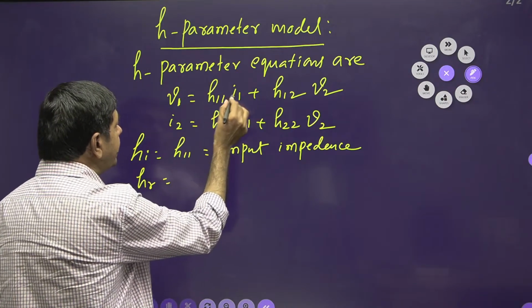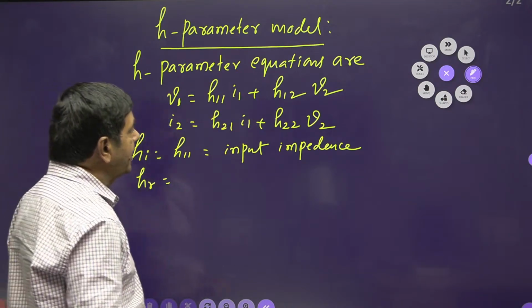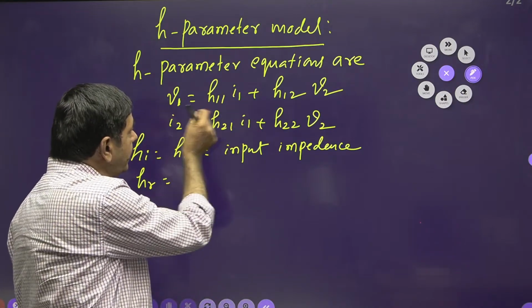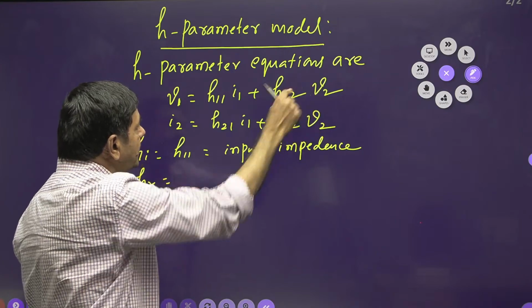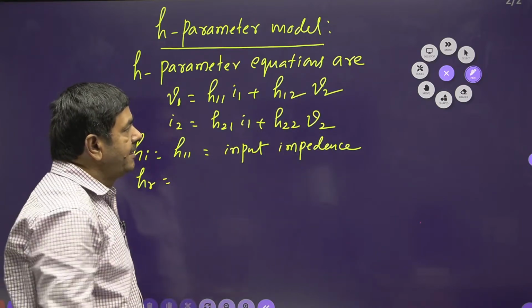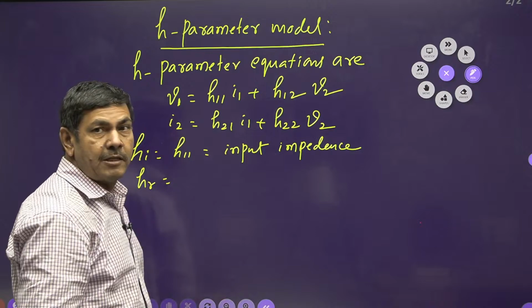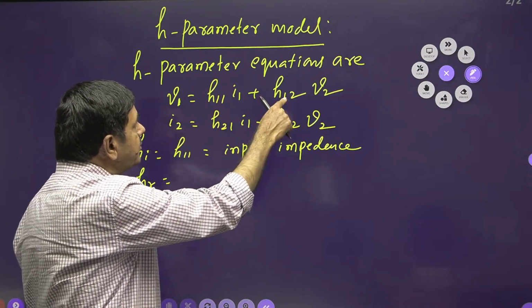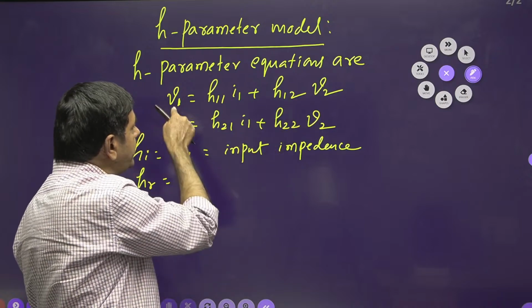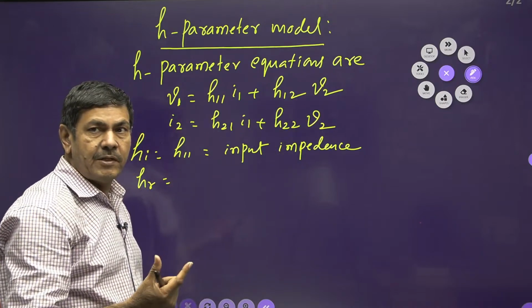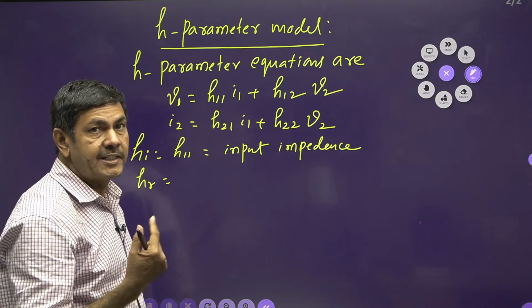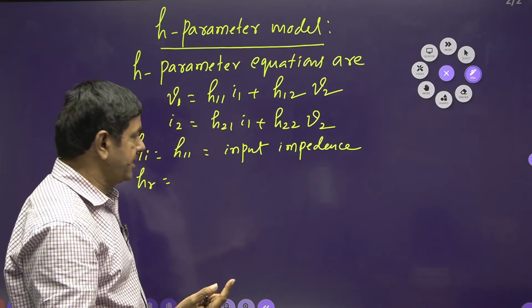Because H11 equal to V1 by I1. Voltage by current equal to impedance only. Input voltage by input current when V2 is 0. That is nothing but input impedance. H12 is required means I1 is to be made 0. If it is made 0, H12 equal to V1 by V2. V2 by V1 means we can say forward voltage gain. V1 by V2 means we can say it as a reverse voltage gain.